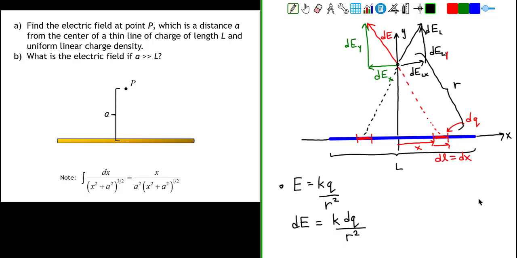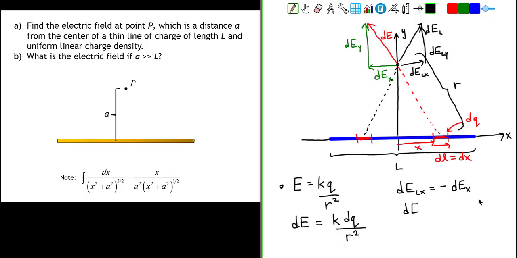So if you look at this picture, the charge element on the left has a component of the electric field that points to the right. And that component is opposite the component of the electric field that points to the left for the representative charge we started off with.